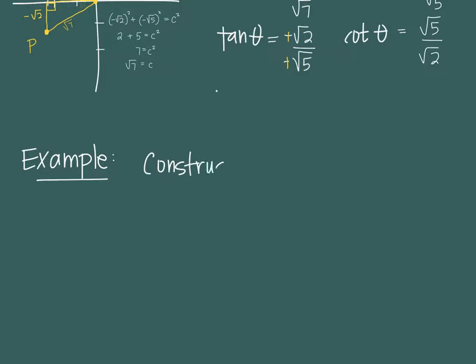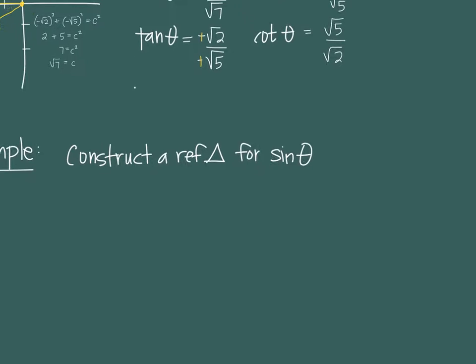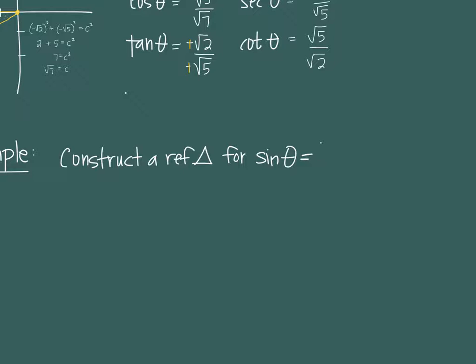All right, third example. Construct a reference triangle for sine theta equals 3 over 7, and for tan theta being less than 0.